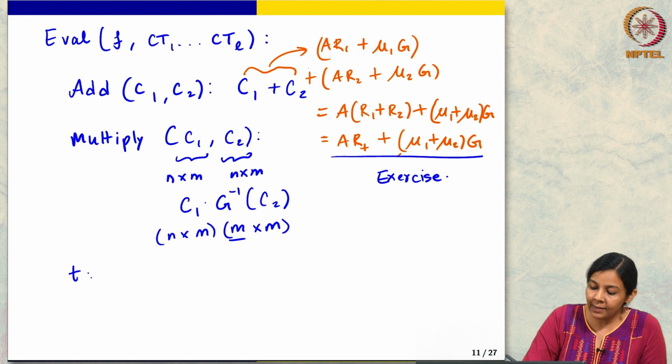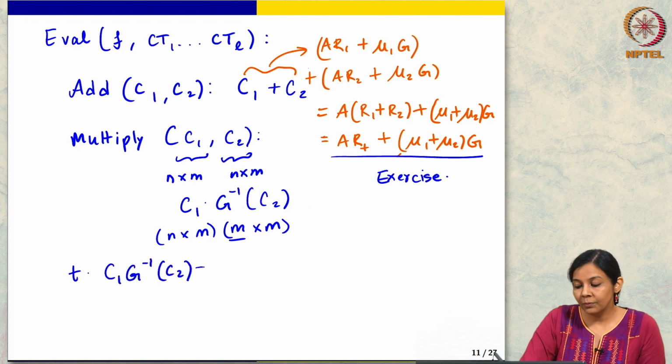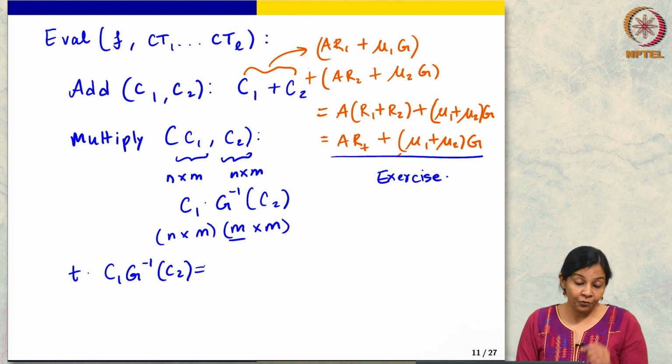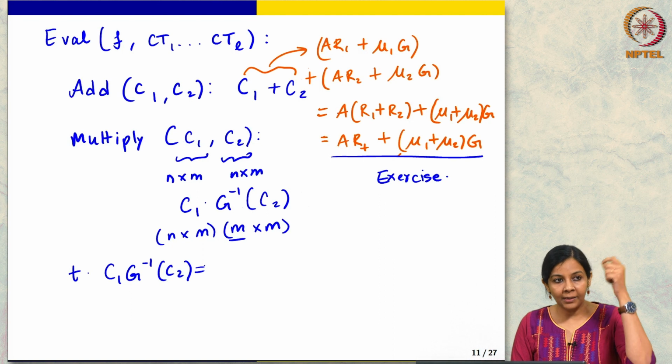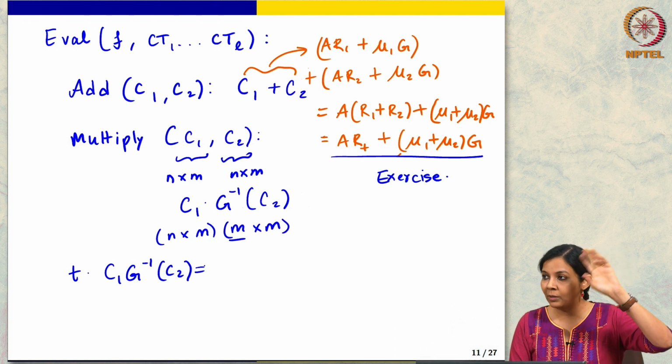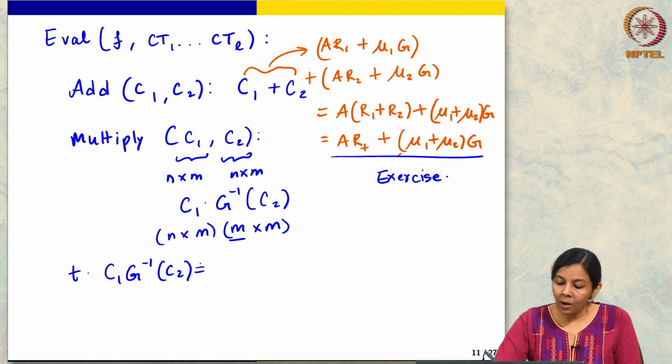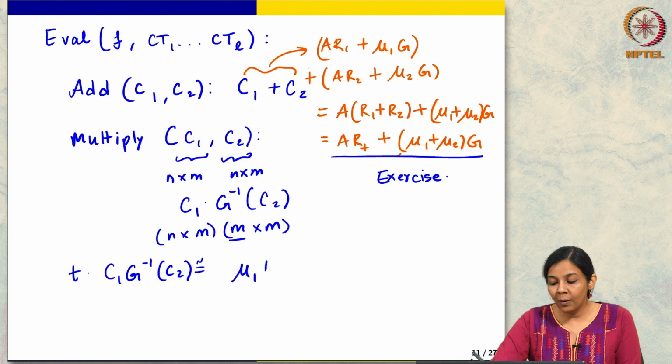So, I have T which is my key, C1 G inverse C2. This is my first step of my decryption. After that there is also the G inverse W that we do later. So, T times C1 is what? We already figured that out. It is approximately mu 1 TG, everyone agrees?